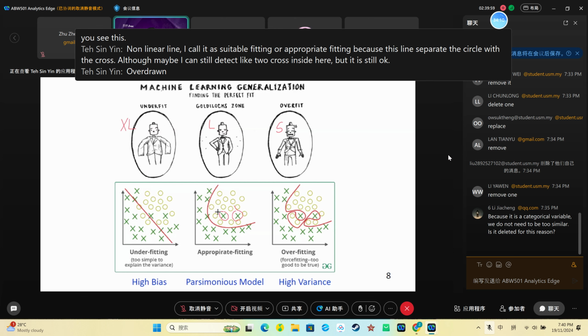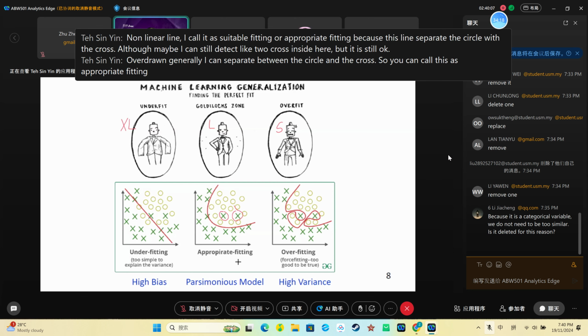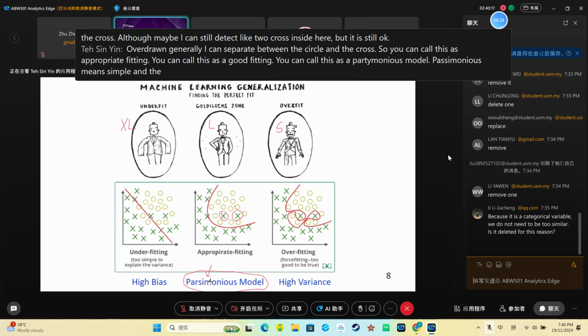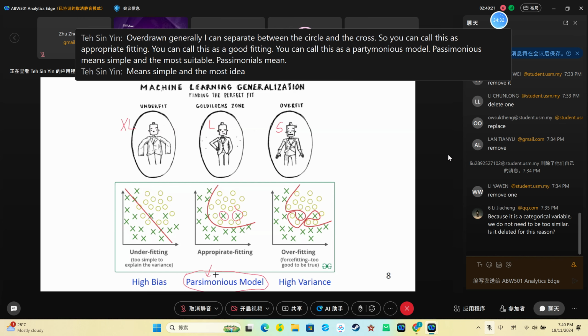Overall, generally, I can separate the circles and the crosses. So you can call this an appropriate fitting, a good fitting, or a parsimonious model. Parsimonious means simple and the most ideal model. Or in English, we say just right fit.